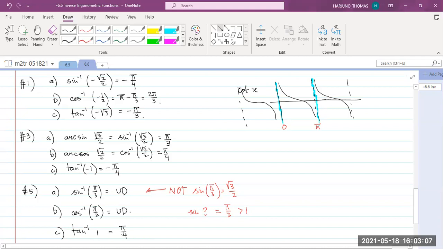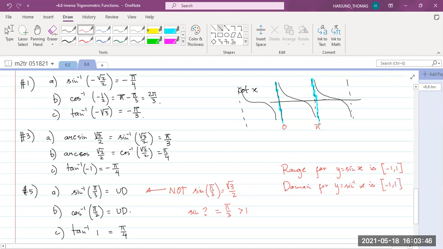The range for y equals sine x, just to remind us, is -1 to 1. So the domain for inverse sine is also -1 to 1. Remember, the range of the function is the domain of the inverse function.